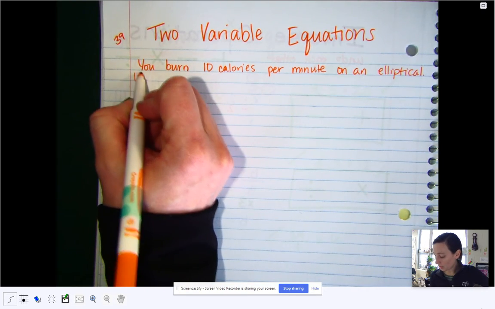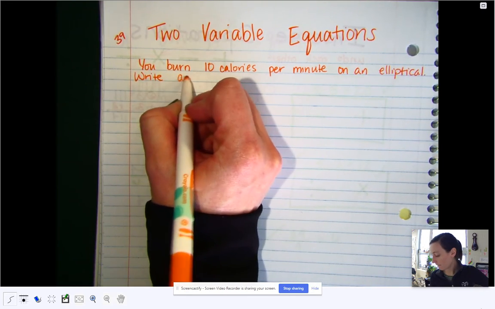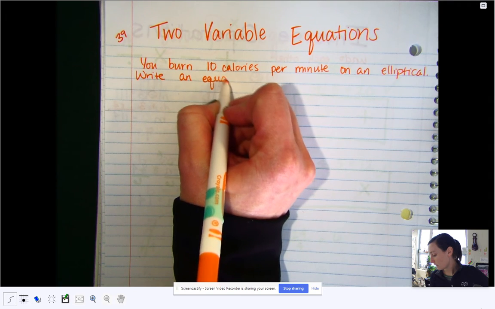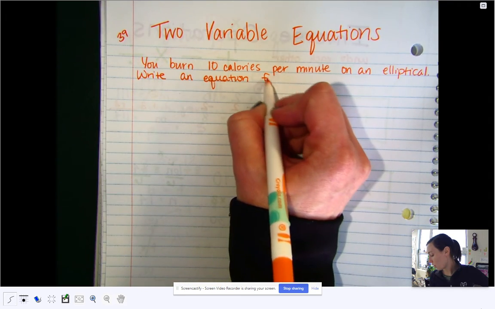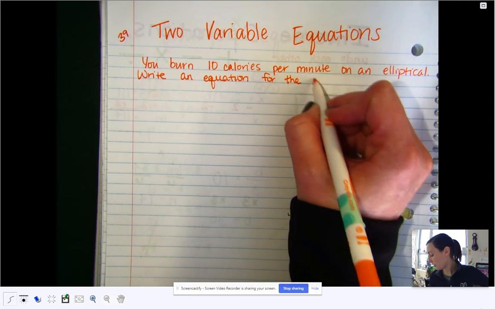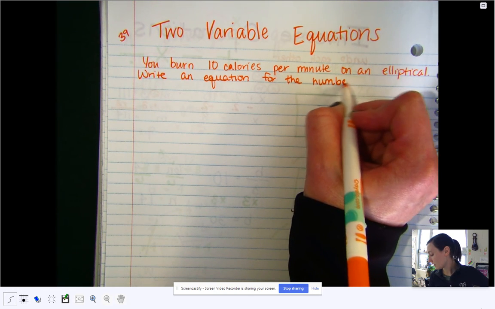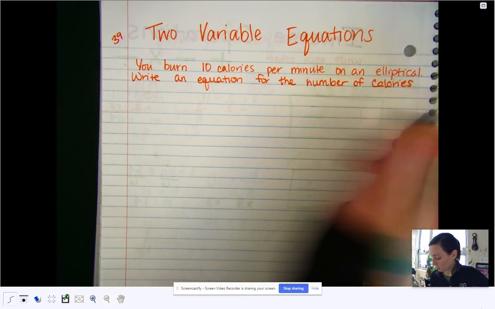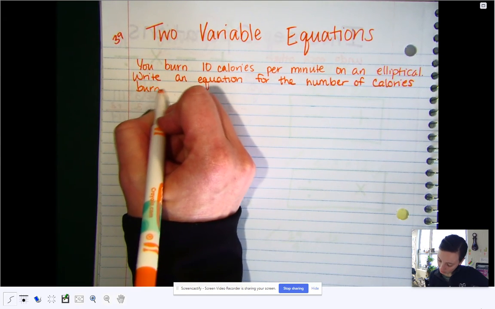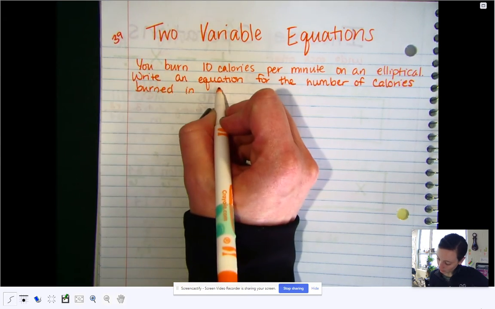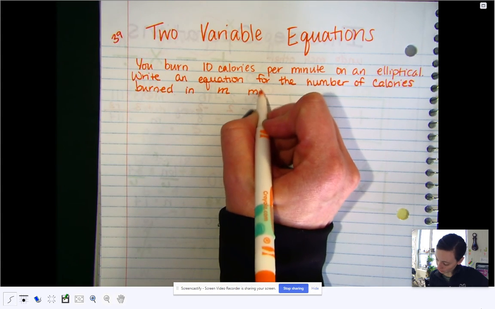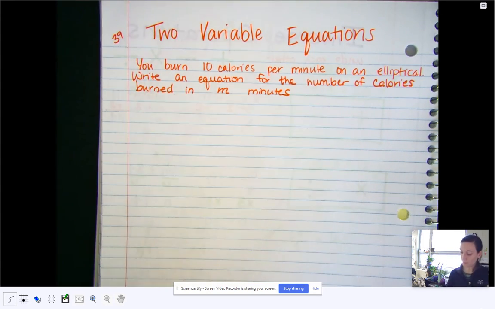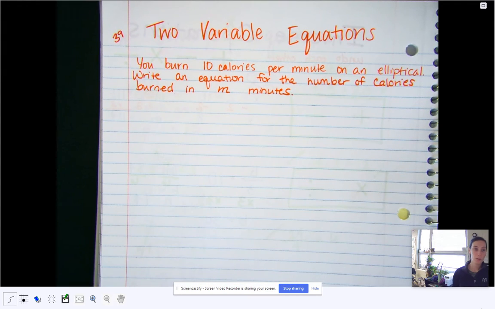So we want to write an equation for the number of calories burned in m minutes. Okay, so in this case, we have two variables.